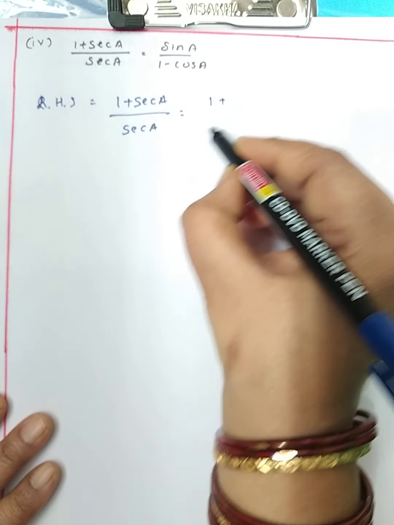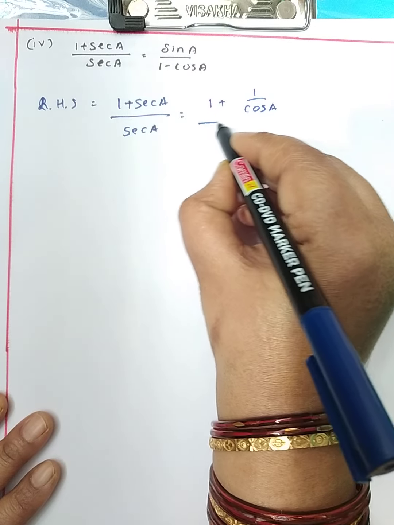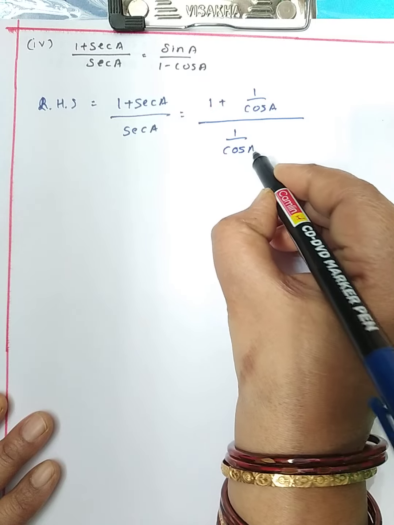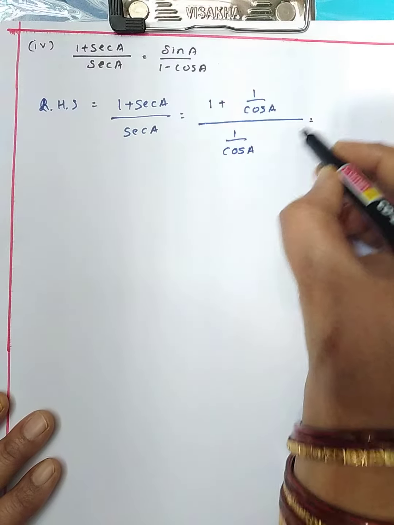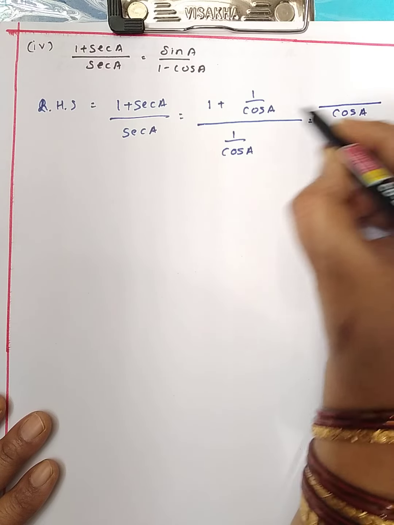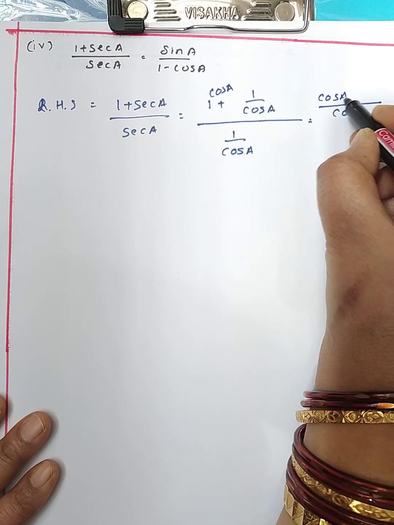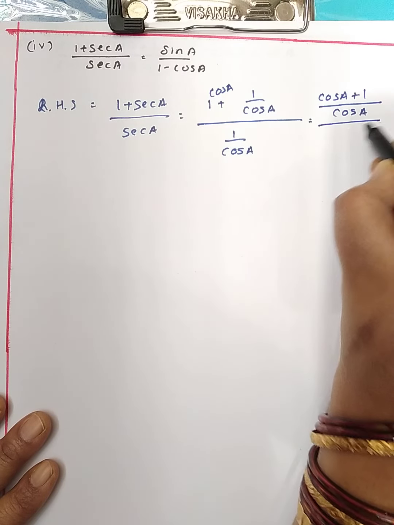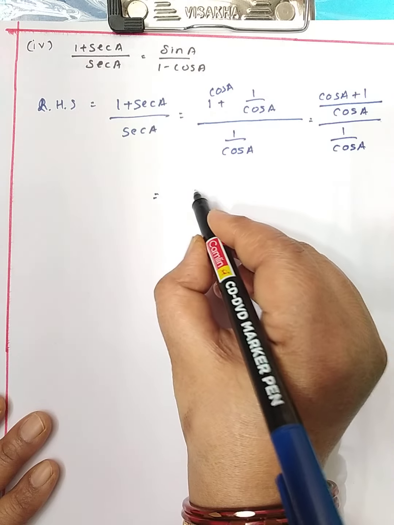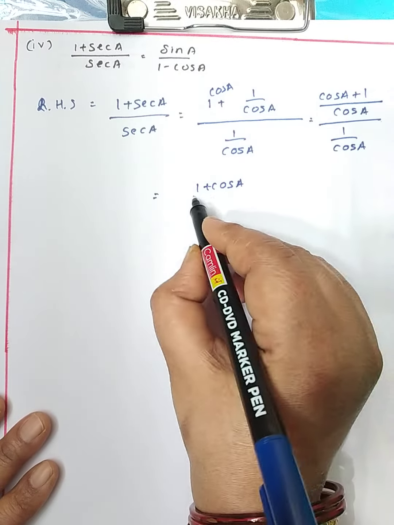That is 1 plus sec a, which is 1 by cos a, whole divided by sec a, which is 1 by cos a. Take LCM, that is cos a. This is cos a plus 1 divided by 1 by cos a. Now 1 plus cos a, write as it is.